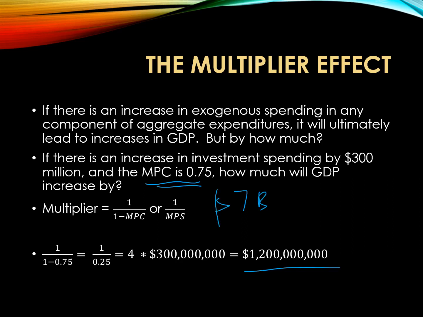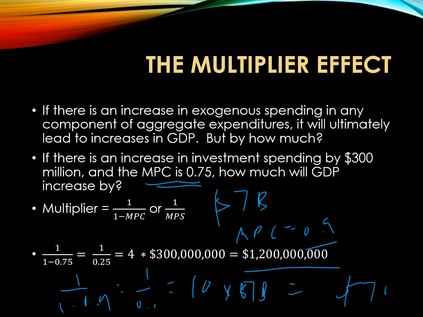So if we did the same thing for the $7 billion investment that I was talking about earlier, and if the MPC is, say, 0.9, well then 1 over 1 minus 0.9 is equal to 1 over 0.1, which is 10. So if we do 10 times 7 billion, that infrastructure project would be equal to $70 billion in GDP growth, because originally the $7 billion project is going to hire construction workers, general contractors, suppliers, and then those people are going to be compensated.